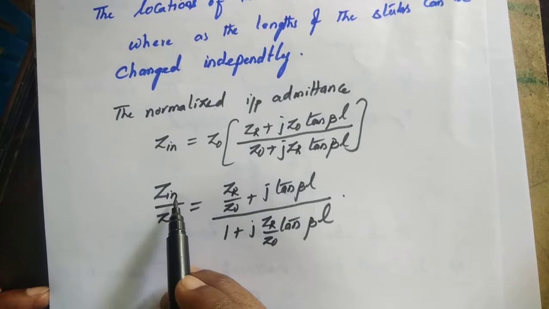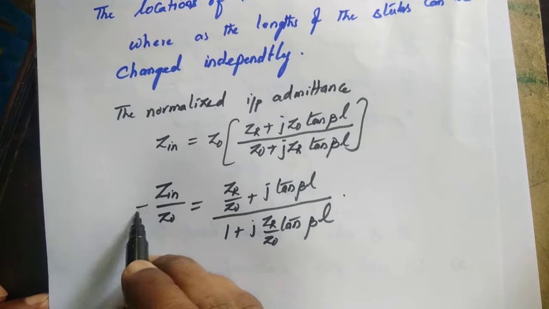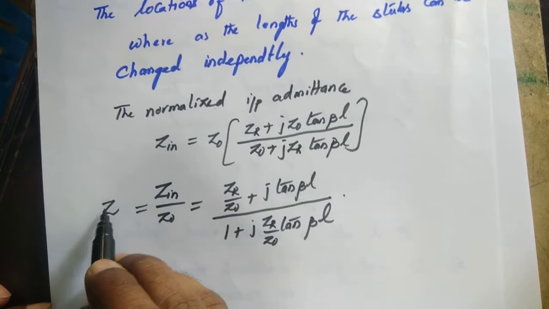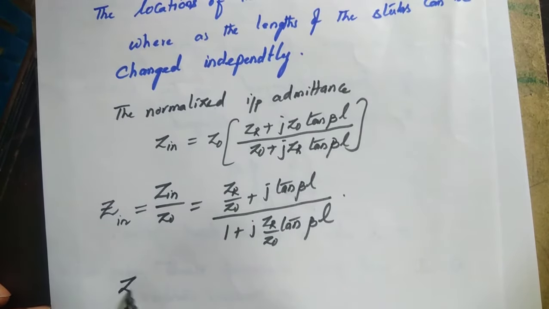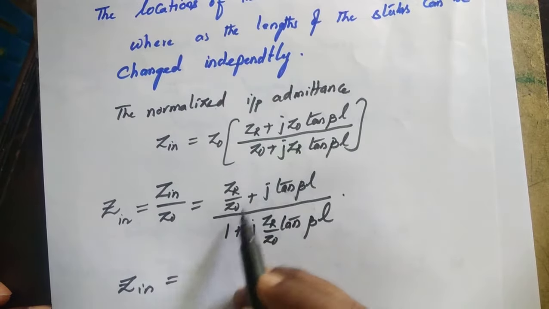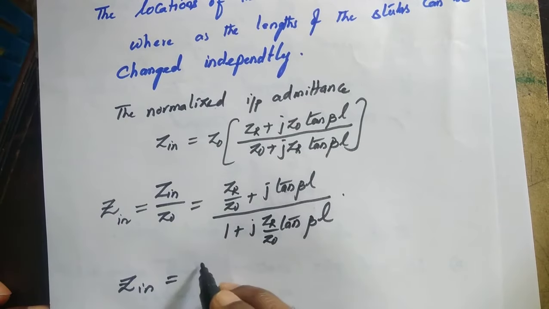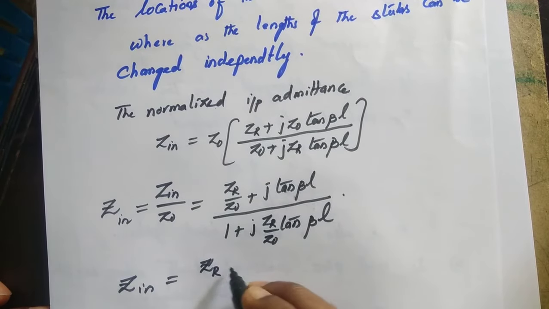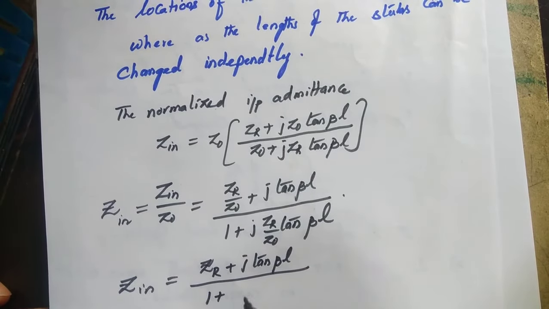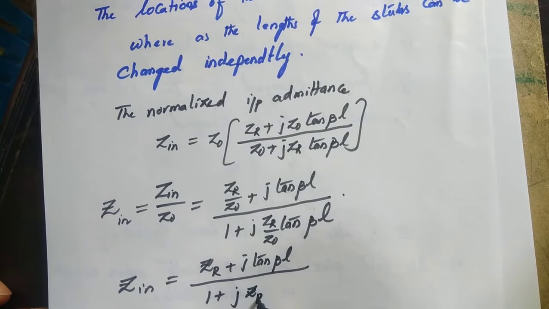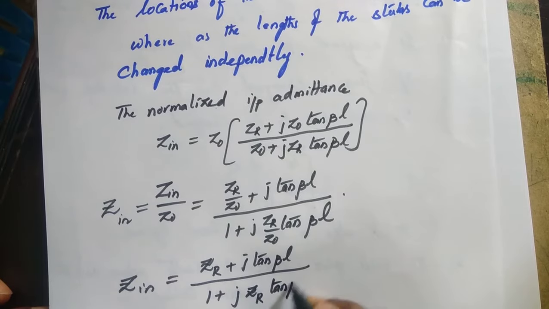This ratio, the input impedance by the characteristic impedance, is called the normalized impedance, represented with a small z in. So small z in is equal to (zR plus j tan beta L) divided by (1 plus j zR tan beta L), where ZR by Z0 is represented with the normalized load impedance zR.